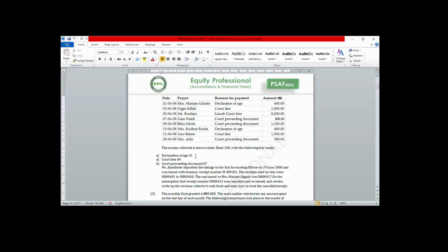The number issued to Mrs. Miriam Gidado was N800-417, on the assumption that receipt number N800-423 was cancelled and reissued and reviewed. Write up the revenue collector cash book and state how to treat the cancelled receipt.